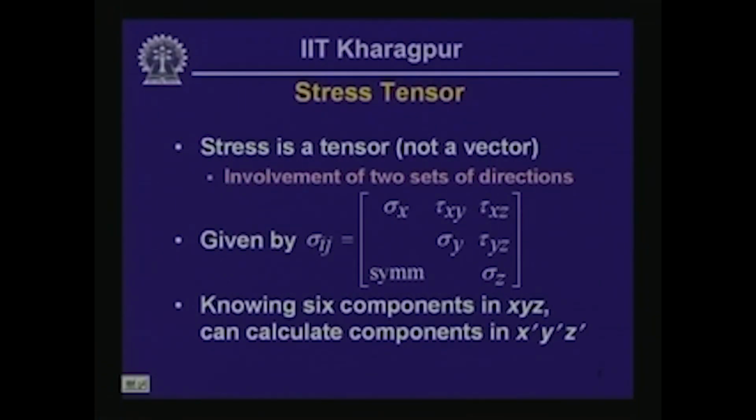Okay. So then the stress tensor at a point, within a mass of rock or volume of soil, is going to be given by 6 independent components, and you should notice that the stress we are calling a tensor, and this is not a scalar nor is it a vector, because if you recall, in case of a scalar we do not have any orientation to worry about, whereas in case of vectors we had to worry about only one orientation, whereas in case of stress we have to worry about two orientations.